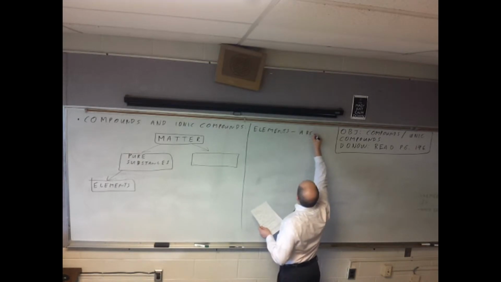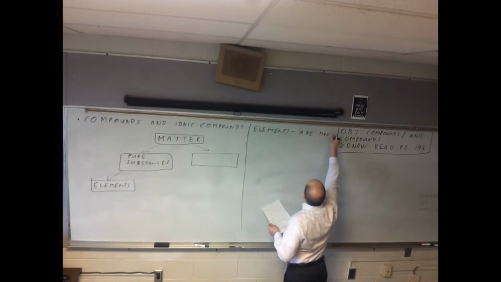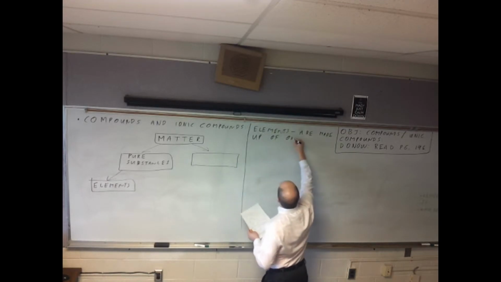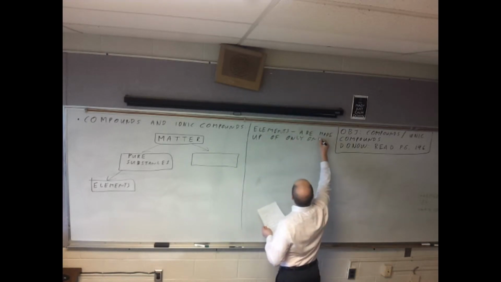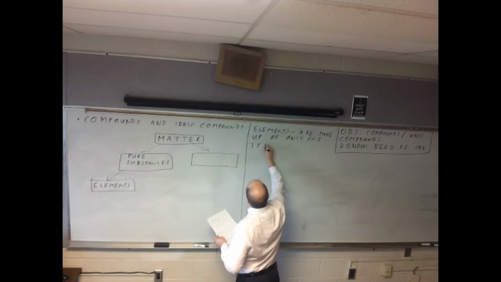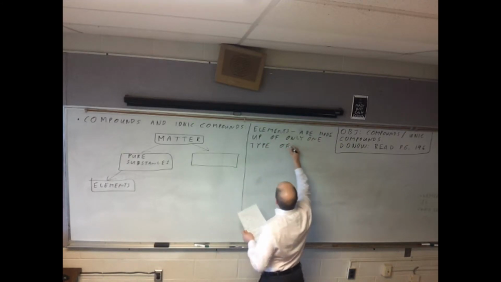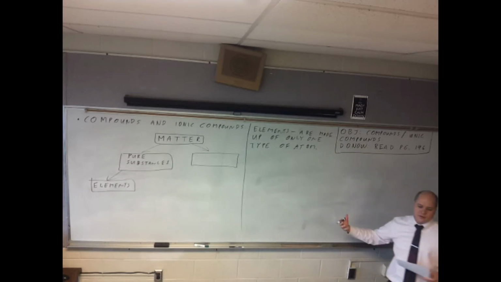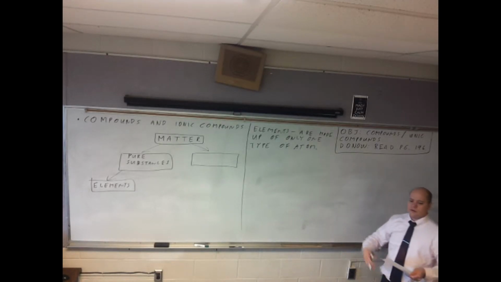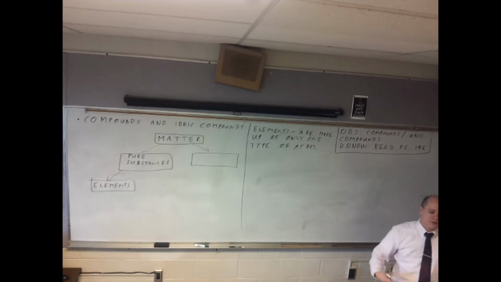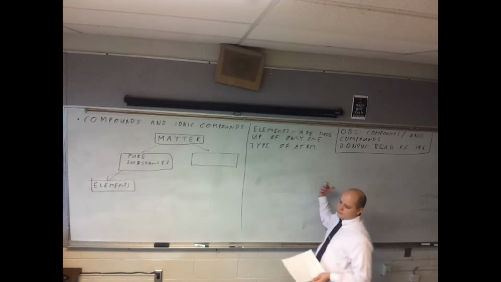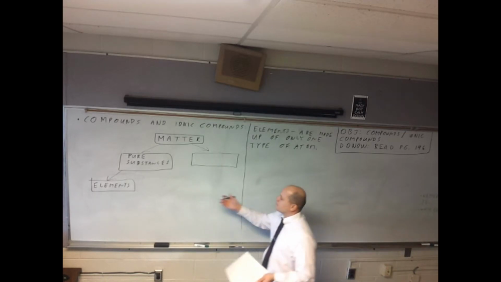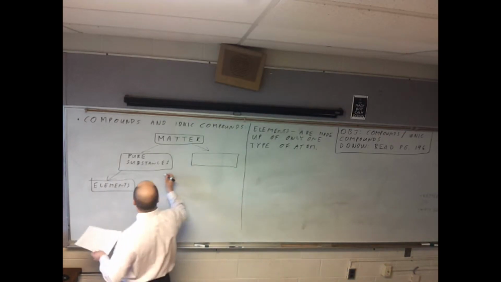Elements are made up of only one type of atom. So for example, if I had a gas tank full of neon gas, it would only have neon atoms in there. You're never actually going to get completely pure, but if you did, that's what it would be. So it's like the purest of the pure. There's one kind of atom that makes up everything in that container.